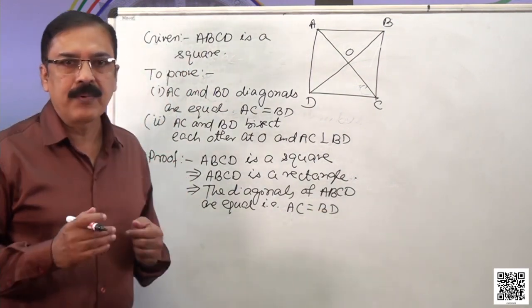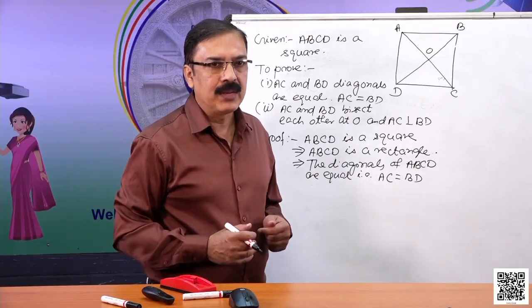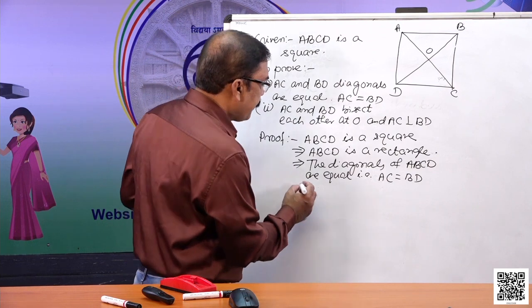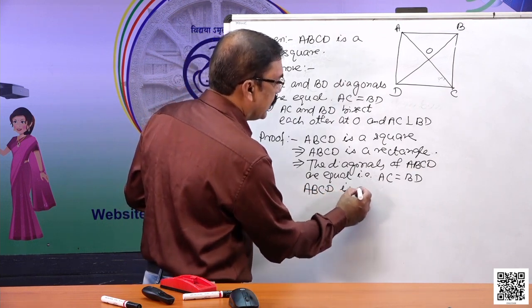What is the second property of a square? A square is also a rhombus. So we can write that ABCD is a rhombus.